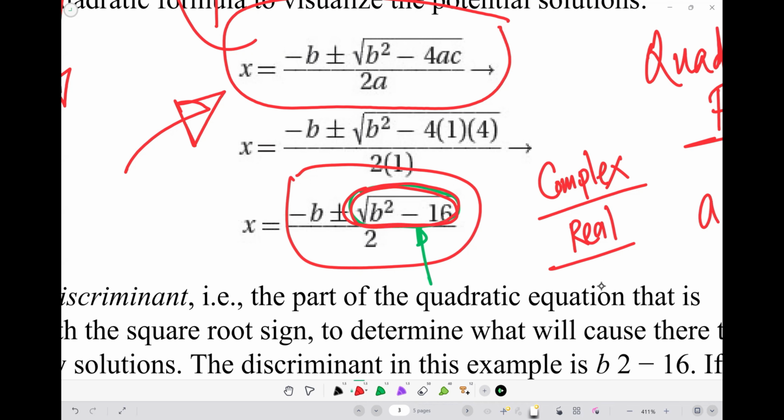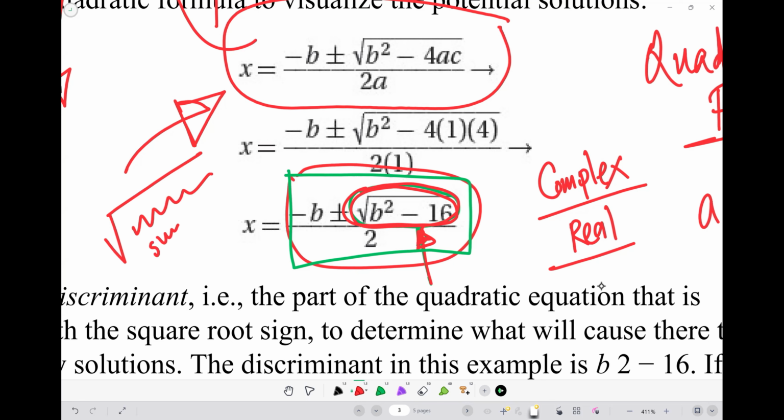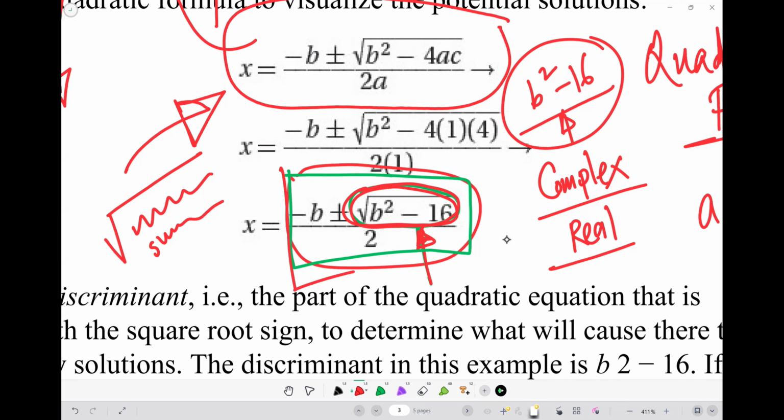The red zone is a number which has a square root. And we already know that this something has a lot of weightage of its positivity and negativity. So b squared minus 16 has a very high potential of affecting this whole term, and that's why we call that the discriminant.